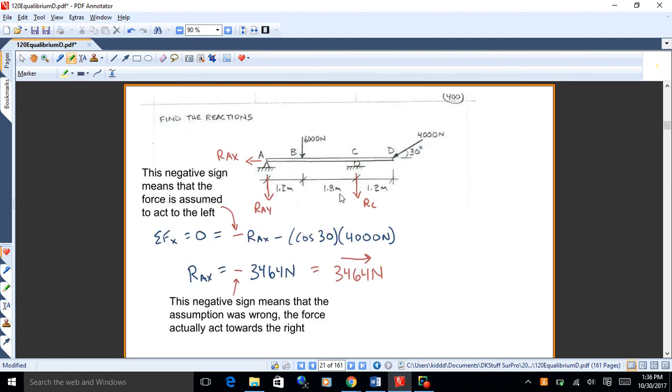So if I do that, for sum of Fx equals 0, I got a negative REX now because I've assumed it to the left. Then I've got minus cosine 4,000 because the 4,000 acts to the left. And the sum of those is 0. Now again, when I solve for REX, I get negative 3464.